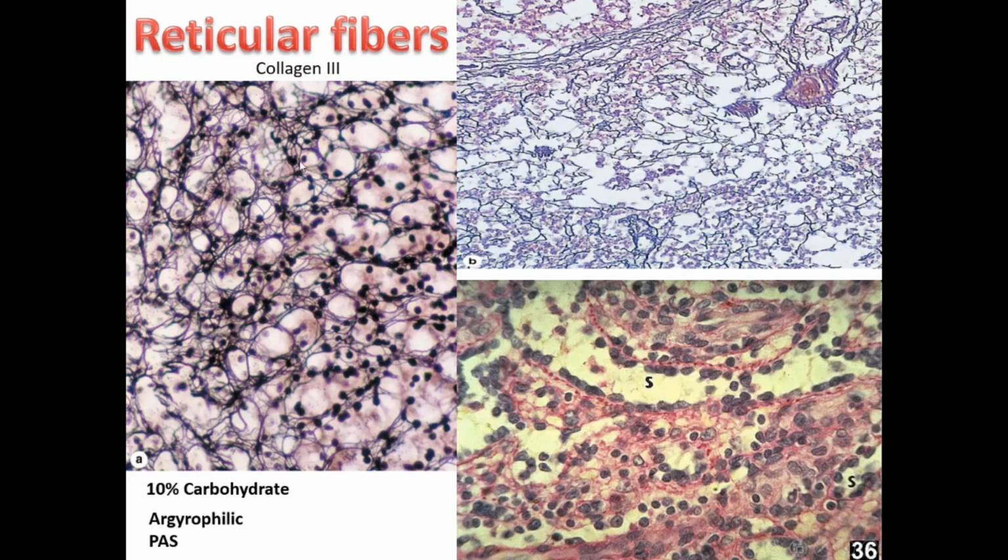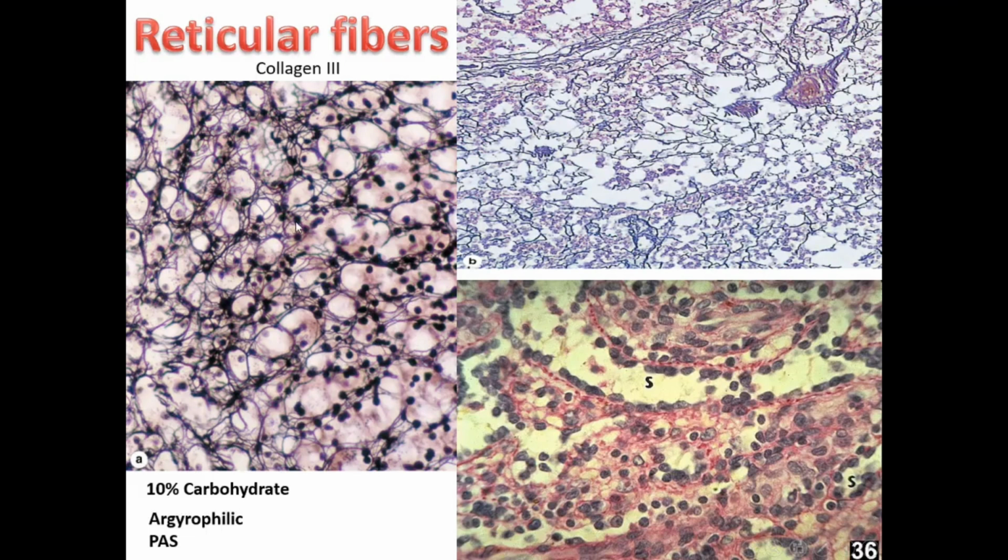But by special staining, particularly silver salt or PAS, periodic acid Schiff, we can stain the reticular fiber.